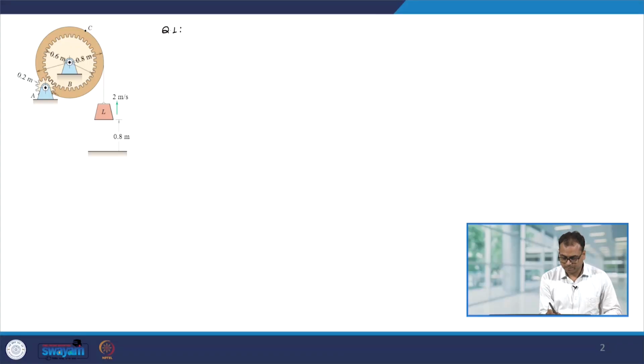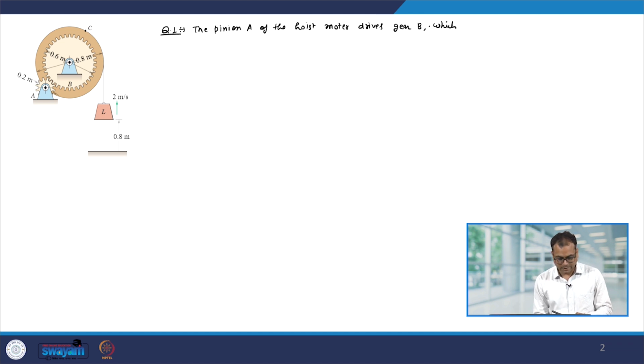It is the following. The pinion A of the hoist motor drives gear B, which is attached to the hoisting drum.